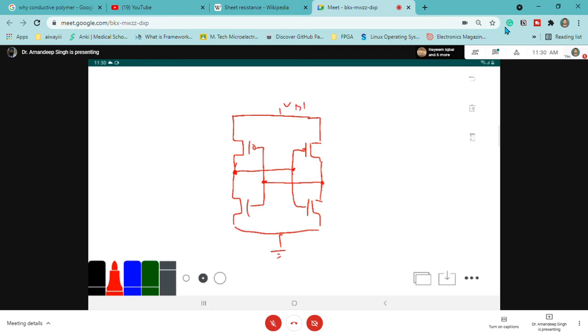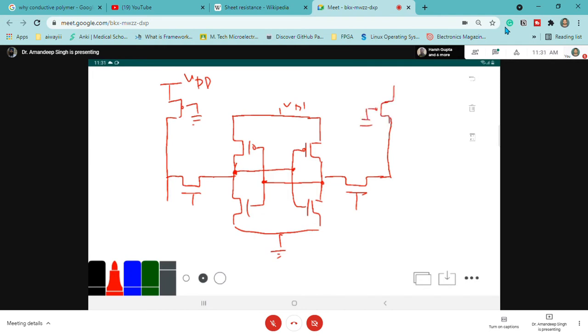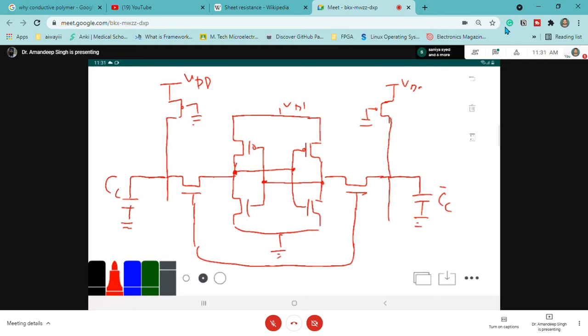Now this is your access transistor, and here we are having VDD, PMOS connected with this VDD, and here the capacitance is there, that is called C bar, and here the capacitance node is there, that is C, and this is connected with word line.